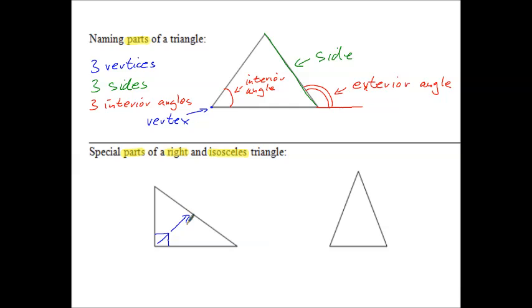And the side that this arrow is pointing at is the hypotenuse. The hypotenuse is always opposite of the right angle, and it's the longest side of our right triangle. The other 2 sides also have names. We call them legs. So this is a leg, and this is a leg.